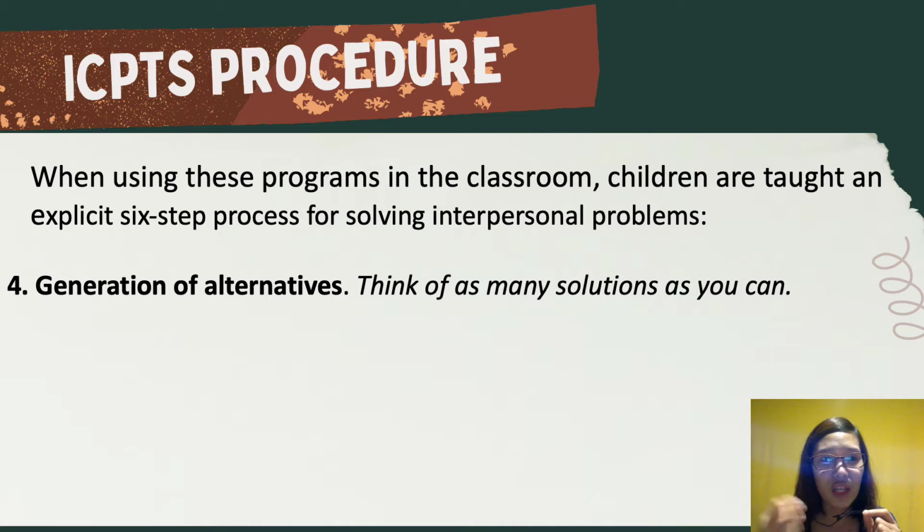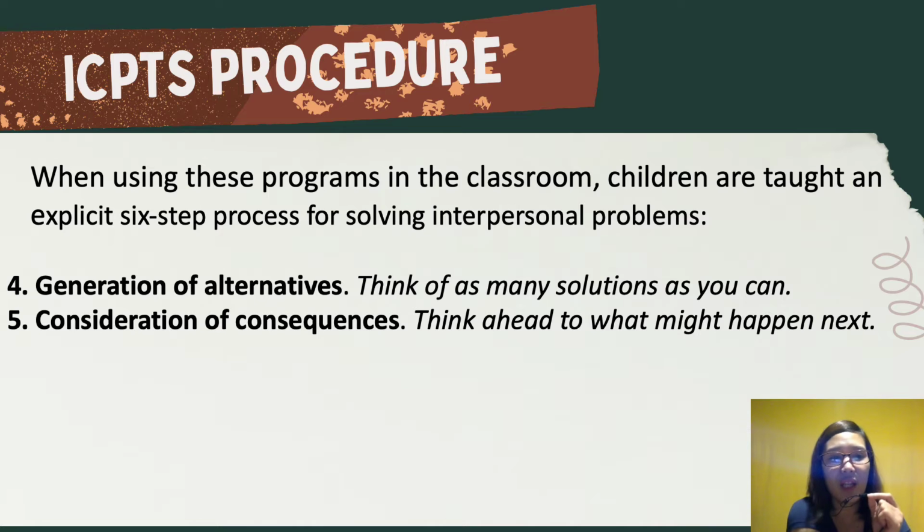Fourth, generation of alternatives. So we have to think of as many solutions as possible. These are the things that we have to teach or train our students, that they must think of many different solutions to a specific problem. Fifth, consideration of consequences. Think ahead to what might happen next.